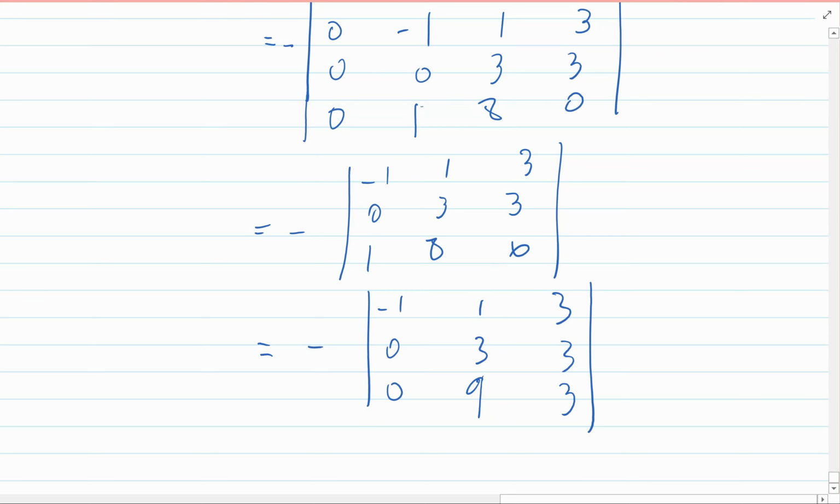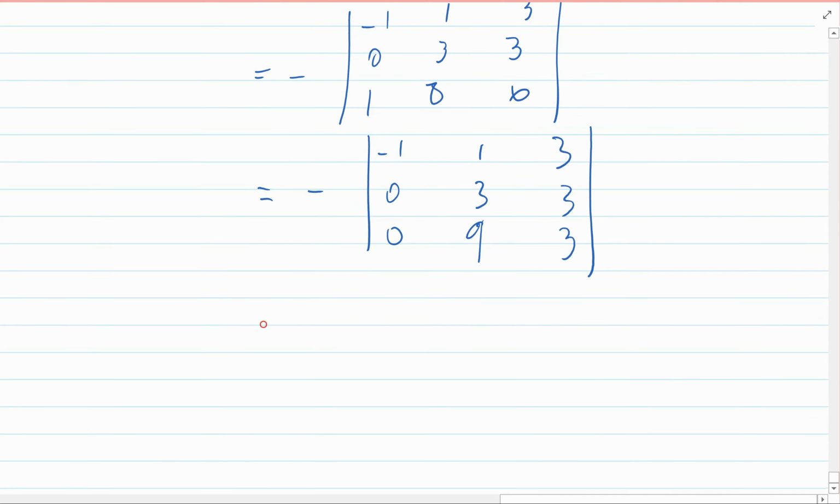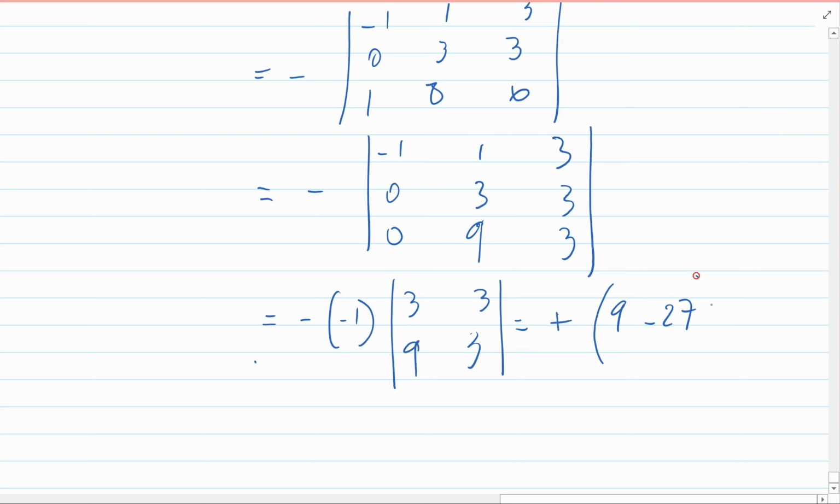And now let us develop again along the first row. Minus 1 times the determinant of 3, 3, 9, 3. Which, by the way, at this stage, will be 9 minus 27, and this will give me minus 18.